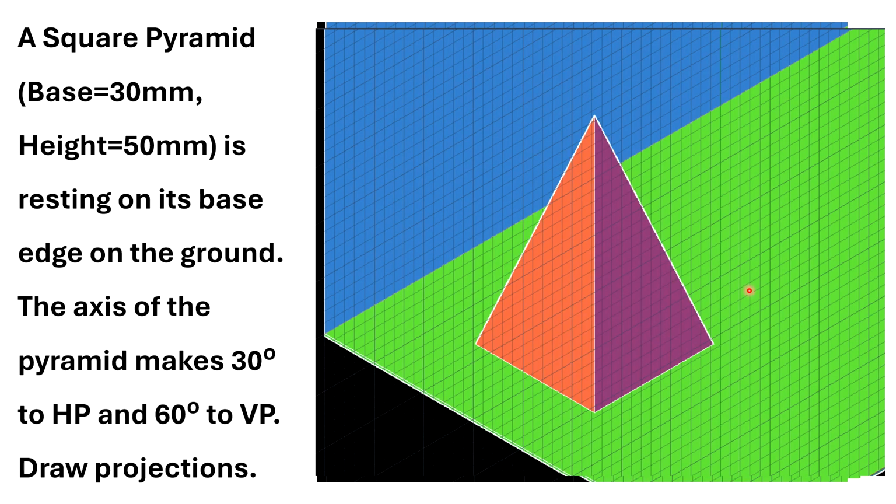In this first stage, the base is parallel to the horizontal plane, so you need to start with the top view. In the top view, you can see the true shape of the base. So you will be starting with the top view.